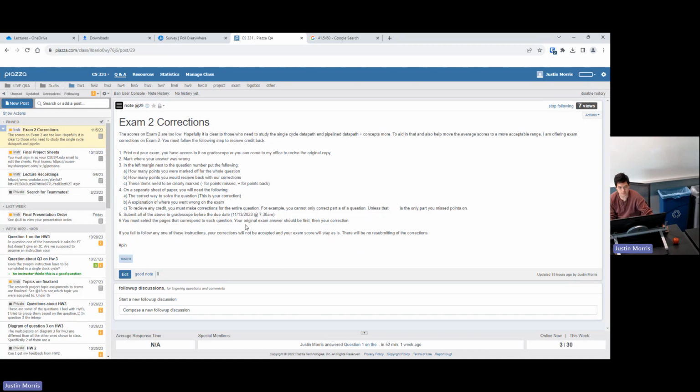It has to be following all of this exactly. If you don't have an explanation, but you did the correction, you're not getting points back. If you are missing how many points you missed, plus how many points you are expecting back, with half points being received back, you will not receive any credit.